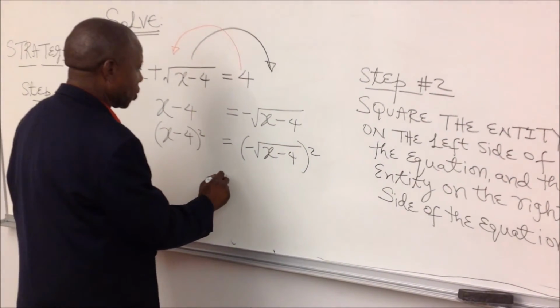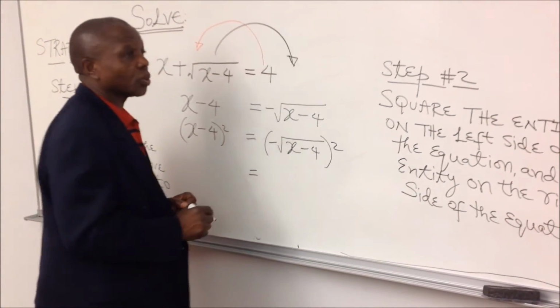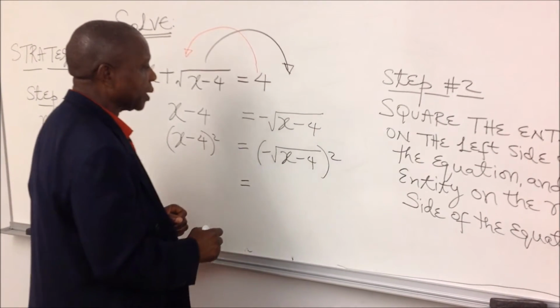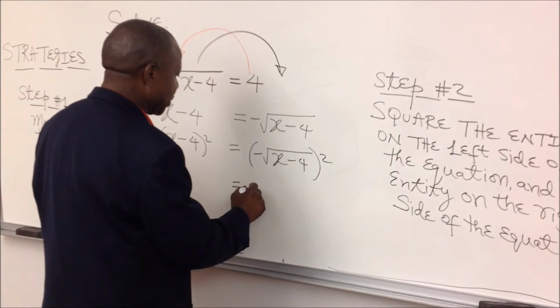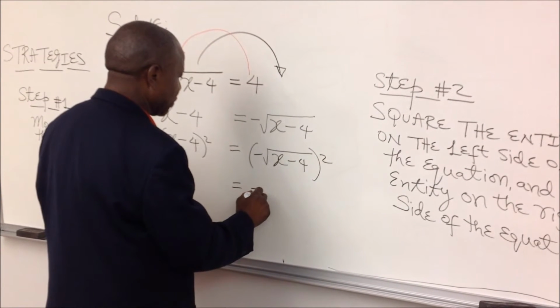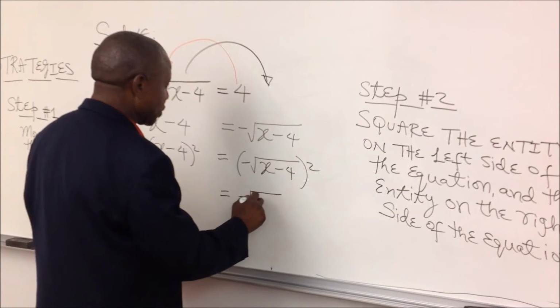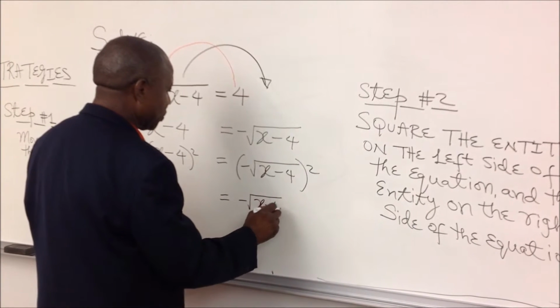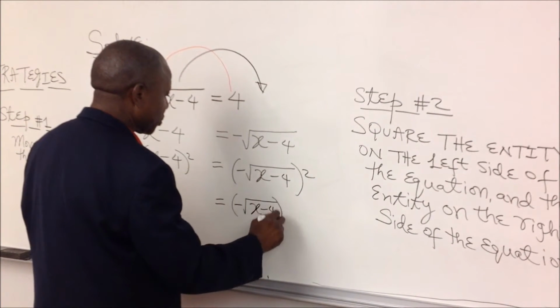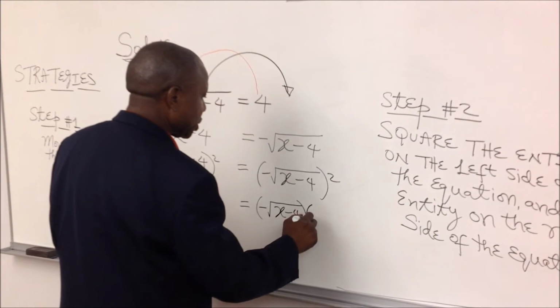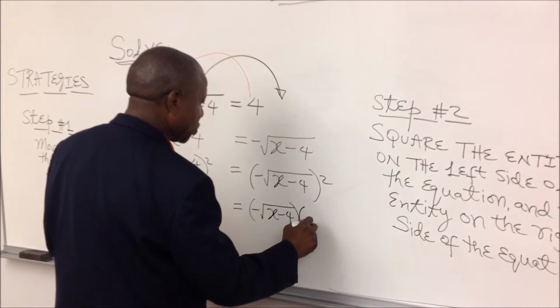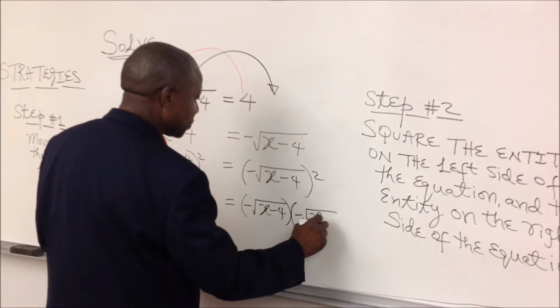So if we do so, we are going to obtain what? We are going to obtain negative square root of x minus 4 times negative of square root of x minus 4.